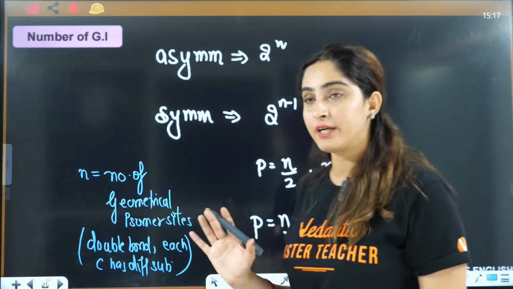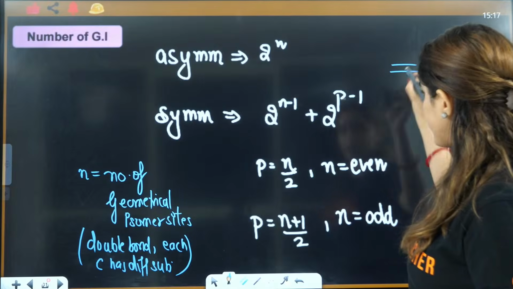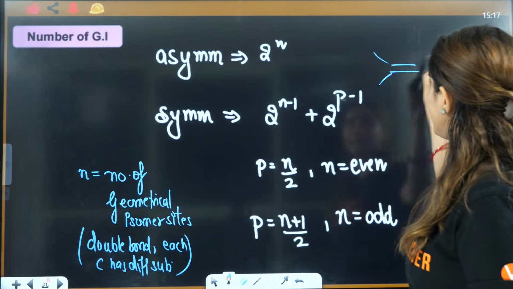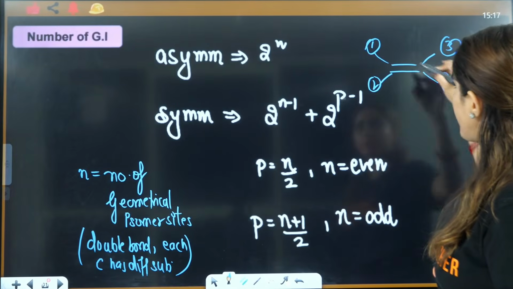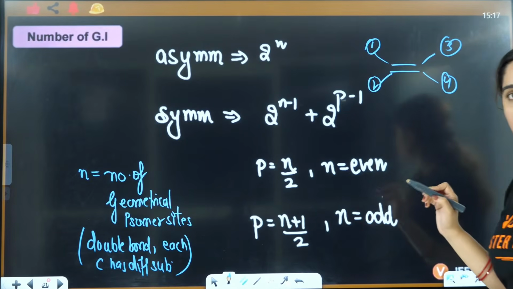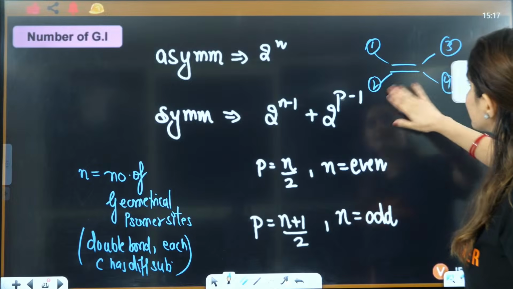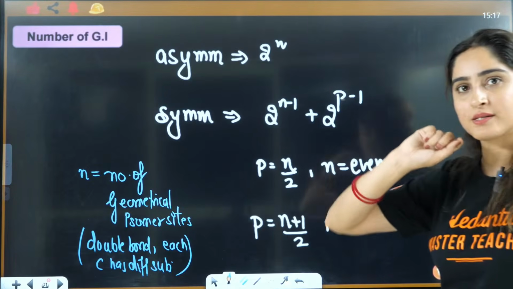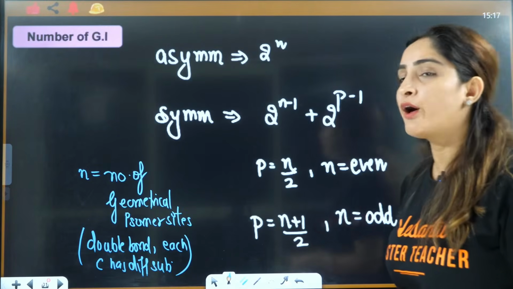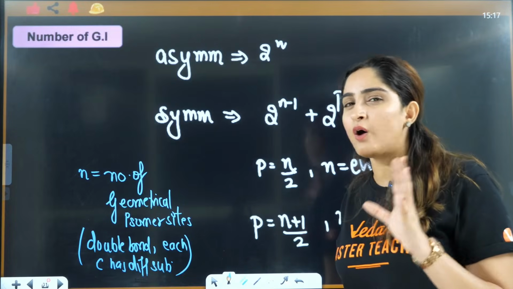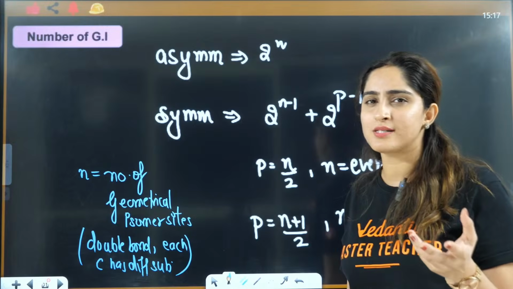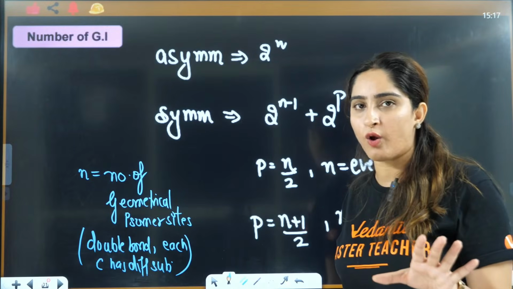What was the condition of GI? That you need to have a double bond. If you find a double bond and here 1 and 2 are different, 3 and 4 are different, then we can say that it is a geometrical isomerism site. Now if it is asymmetrical, then the question is very easy. Till now they have asked asymmetrical only in PYQs, but they can ask symmetrical also.